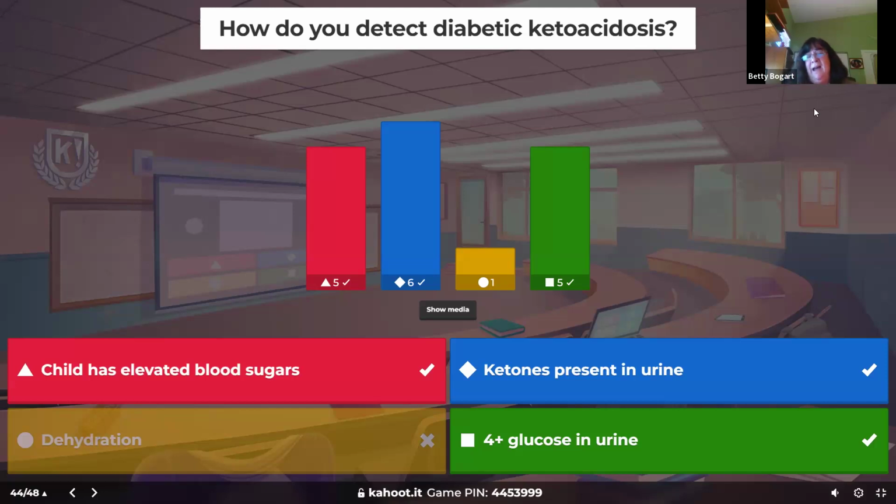You may or may not be dehydrated. We're bolusing normal saline because of the concentration of sugar. We're trying to get it to decrease and lower that number. Dehydration, yeah, sort of part of it, but not as much as the others for sure.